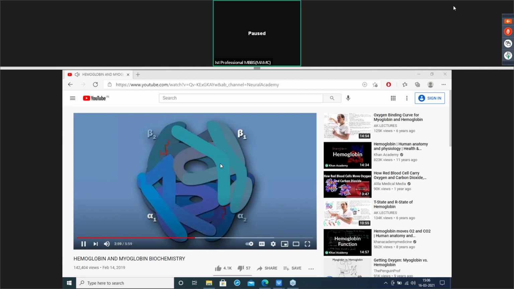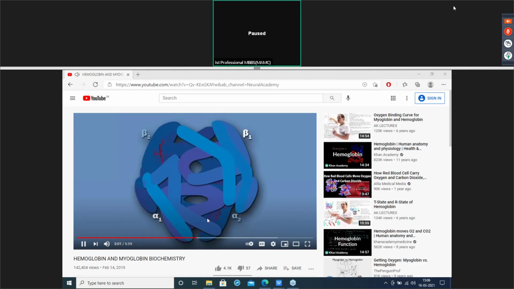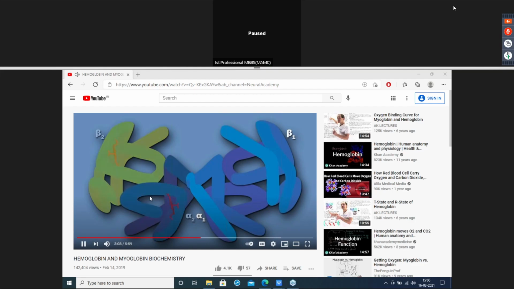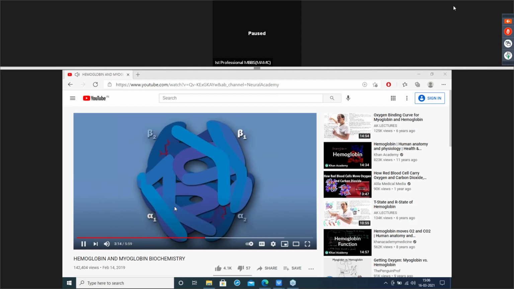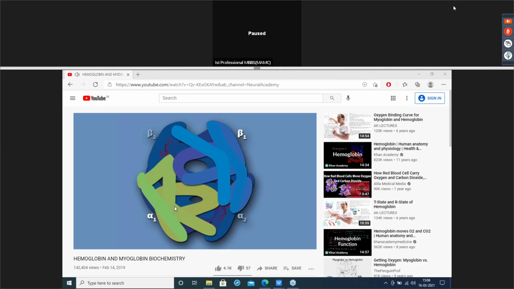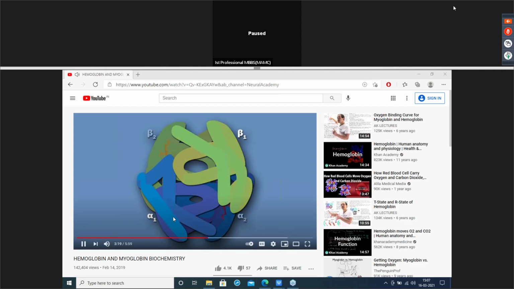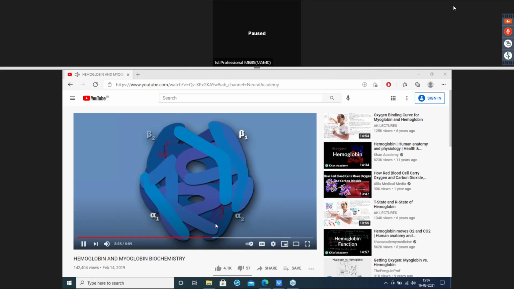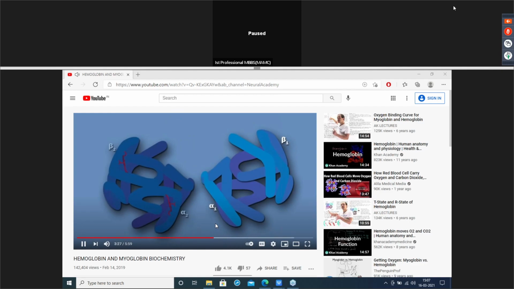They move relative to each other due to breakage of the salt bridges. And so 2 types of bonds.